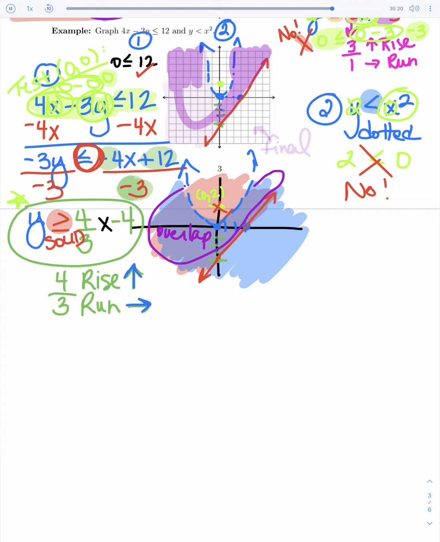All this stuff. Again, it doesn't have to be perfect. I'm trying to get everything I can, though. But that's what needs to be shading, is everything in between the parabola and the line. And that's it. That's our actual final graph, is the one where we're only shading the overlap. Last one.